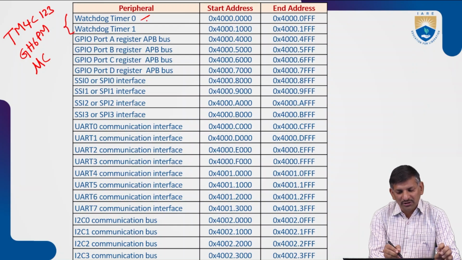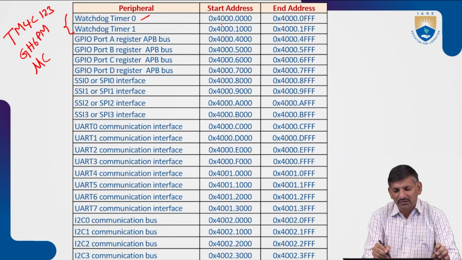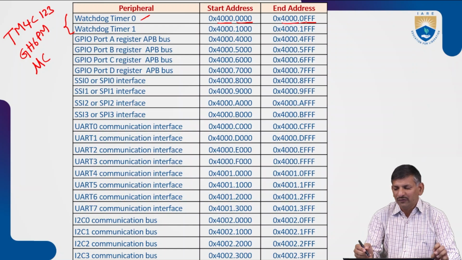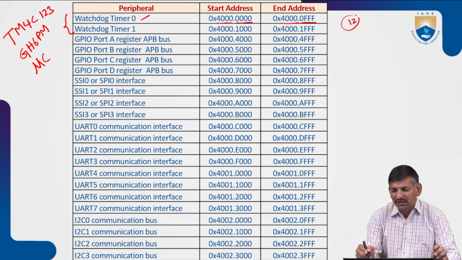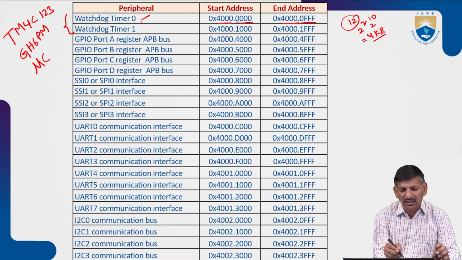So watchdog timer 0, the starting address is 4000 0000 to 4000 0FFF. FFF means 12 bits, 2 power 12, which means 4 kilobytes memory capacity is assigned for watchdog timer 0.